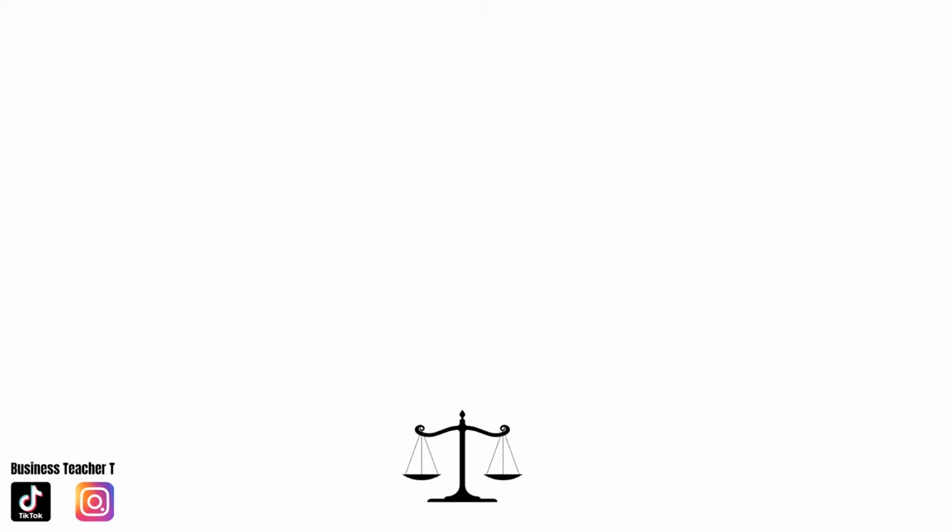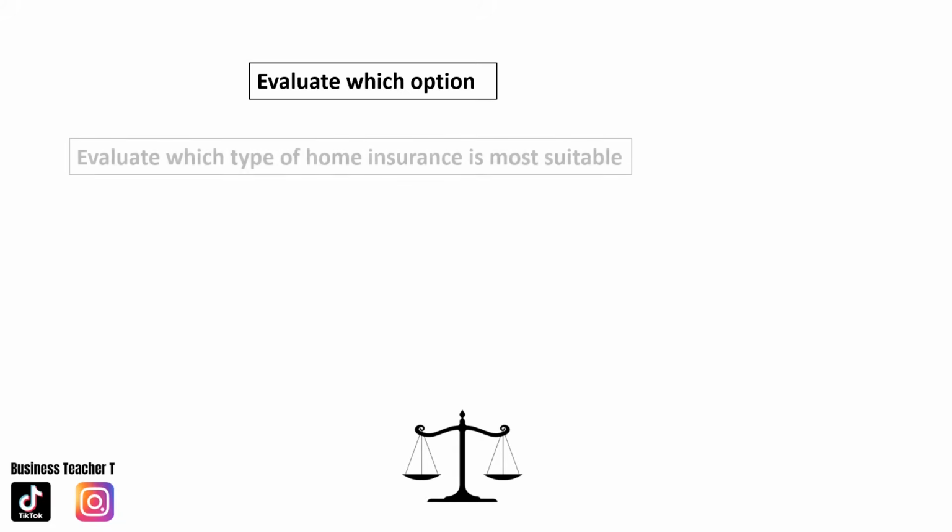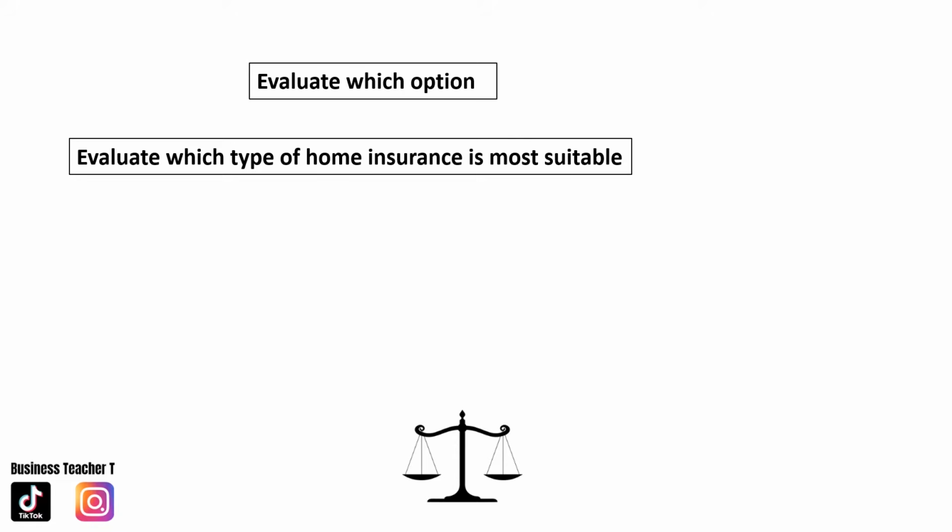Now, I just want you to be aware that the 12 markers can appear in more than one type of format. You could get, for example, a question where you're asked to evaluate options and you're given various options such as home insurance and car insurance and different types of financial products, maybe like savings accounts, for example, and you need to evaluate the options and choose the most suitable one.